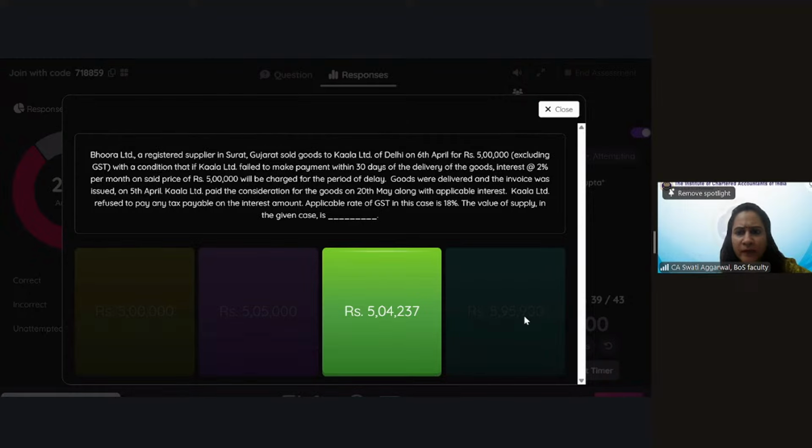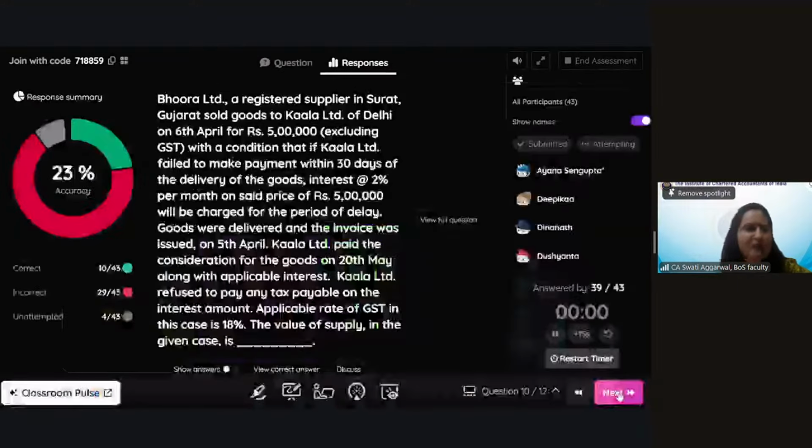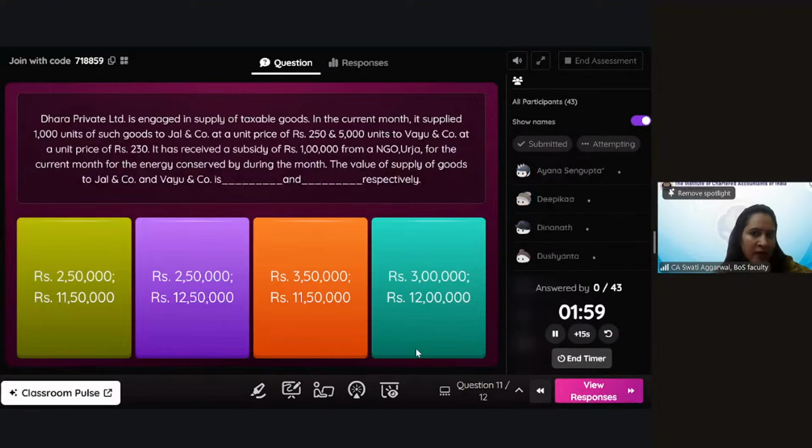Okay. So the next question, the second last question for today, is there on your screen. Dhara Private Limited is engaged in supply of taxable goods. In the current month, it supplied 1,000 units of such goods to Jal and Company at a unit price of 250 and 5,000 units to Vayu and Company at a unit price of ₹2,000.